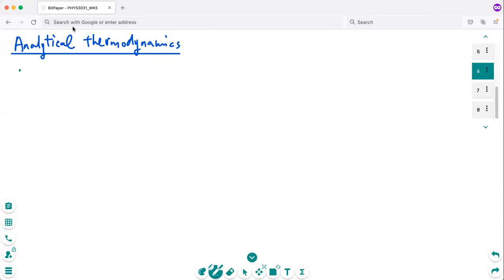What we want to achieve today is to give you more energy-like quantities. For now, we are still talking about a system with a fixed number of particles. This is something we should keep in mind.